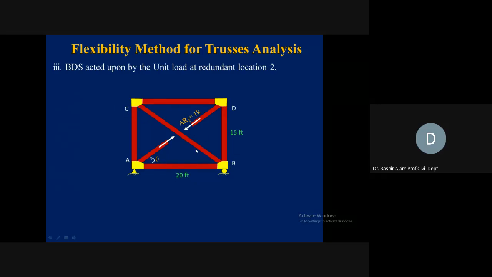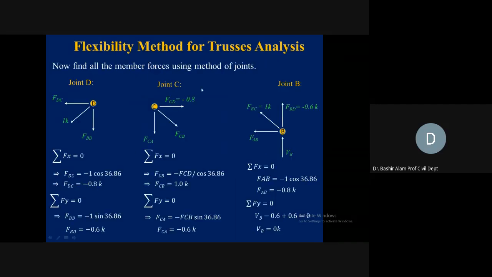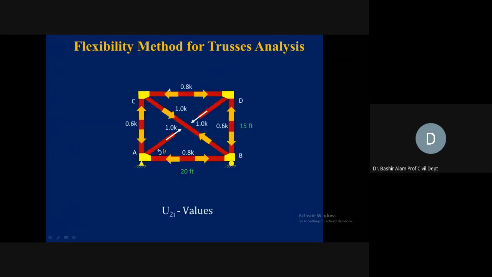So you can find its direction. And this way you can analyze all the member forces. Now here this is shown when we go joint by joint. And here now you show all these member forces. And this will give you your U2 values.